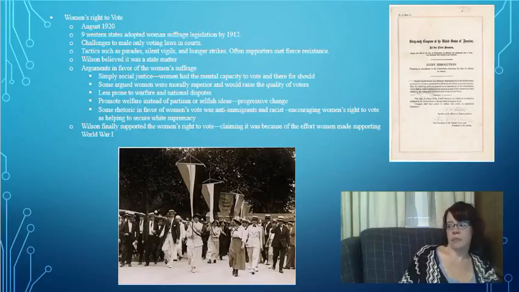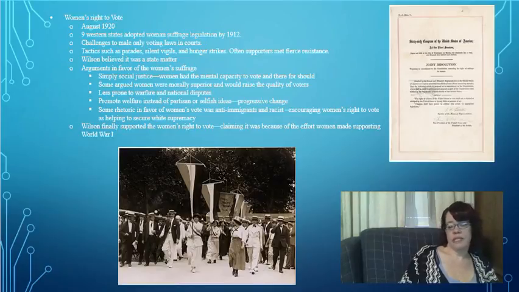Alice Paul and some other women who were large in the movement were actually force-fed by police officers because of their hunger strikes. So there was some strong, fierce, radical support of this idea that women needed the federal right to vote. Woodrow Wilson, who was president at the time, really believed it was a state matter. He said that repeatedly during his election campaign, even though he was a progressive president, and this was a progressive issue.